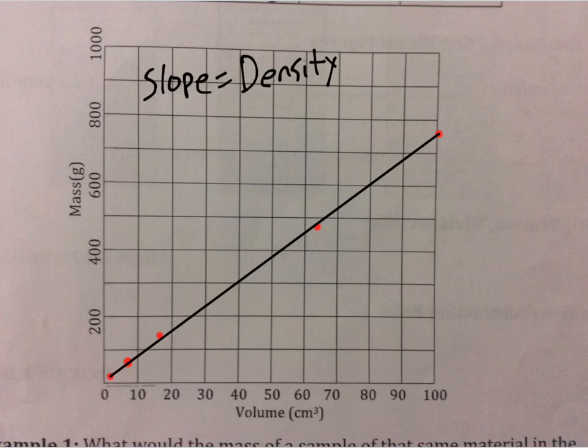And we just figured out the density a few minutes ago. What's the density here? 7.5 grams per centimeters cubed. So that is our slope. Now, if you guys want to write an equation for this line, the slope is 7.5. You guys know how to write an equation, y equals mx plus b, right? So m is our slope, that's 7.5.